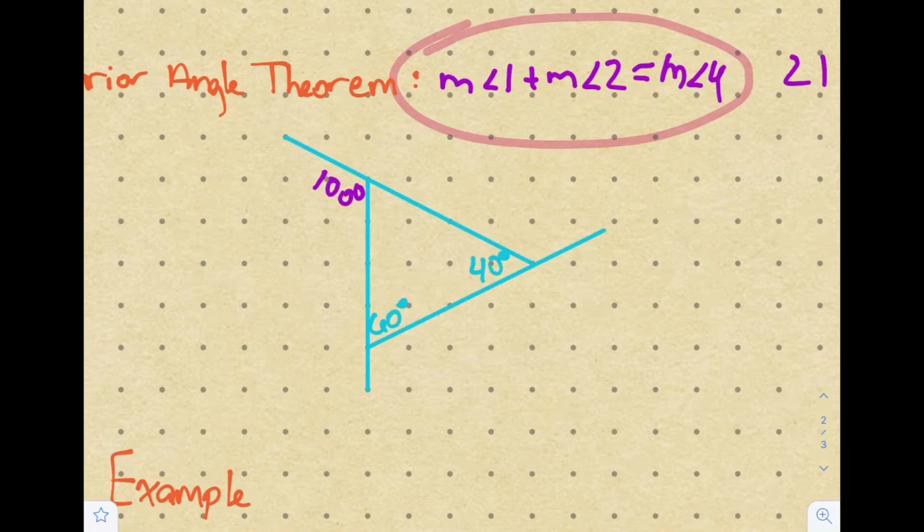And now I can go through and find all of the other exterior angles if I know what the third interior angle is. Because all 3 angles of the triangle have to add up to 180, 60 and 40 is 100, which leaves you with 80 degrees left over.